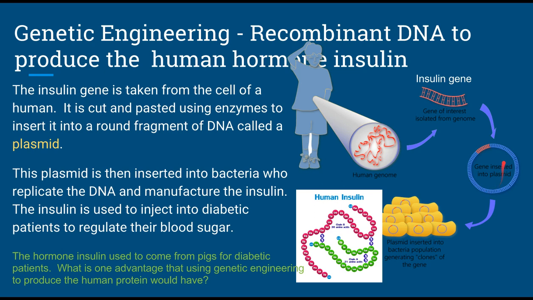Then we're going to take that plasmid and insert it into the bacteria. And they're going to replicate like they would normally do. They don't really even know that you snuck this human insulin gene in there. It's very, very sneaky. But you got them to produce the human insulin protein without even really knowing it. And then you extract the human insulin protein.